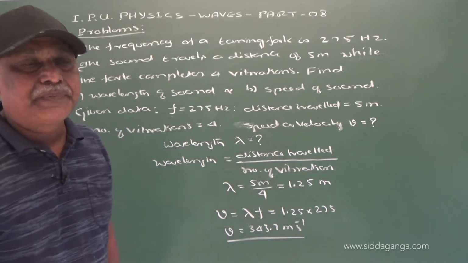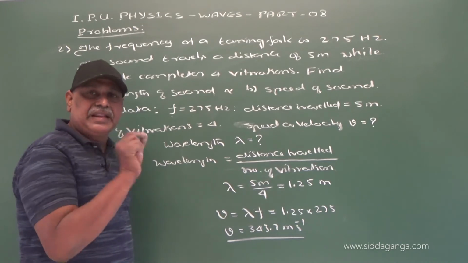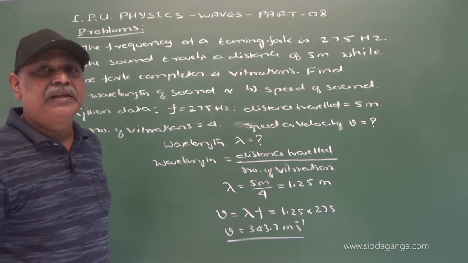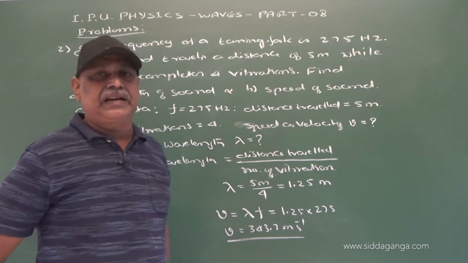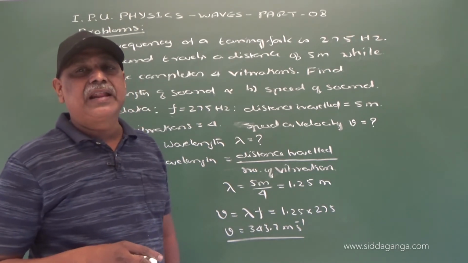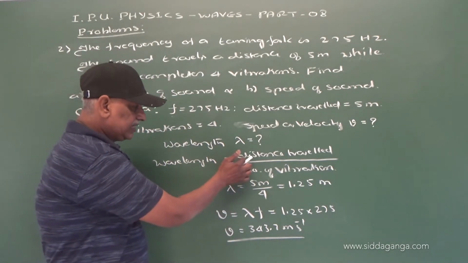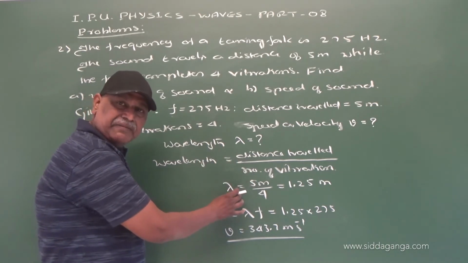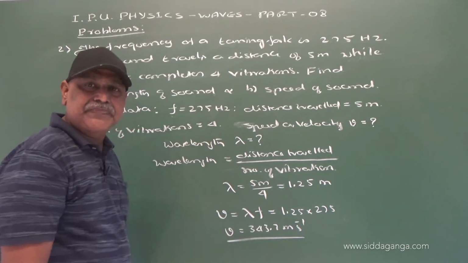See here, to find the velocity we required wavelength, because frequency is given, but the wavelength is not given directly. He has given distance travelled by the wave as well as number of vibrations. So with the help of the distance travelled and the number of vibration, we have found the wavelength. After finding the wavelength, it will be easier to find the velocity. Is that clear?